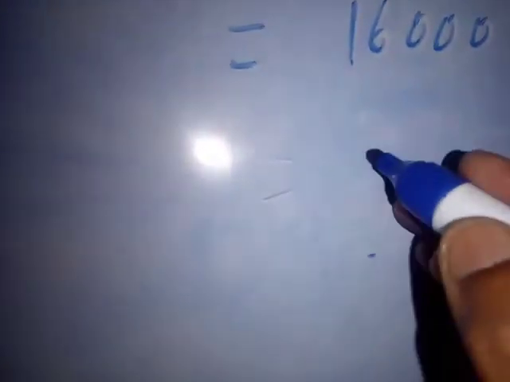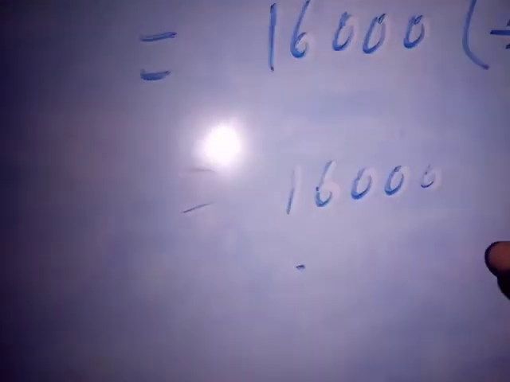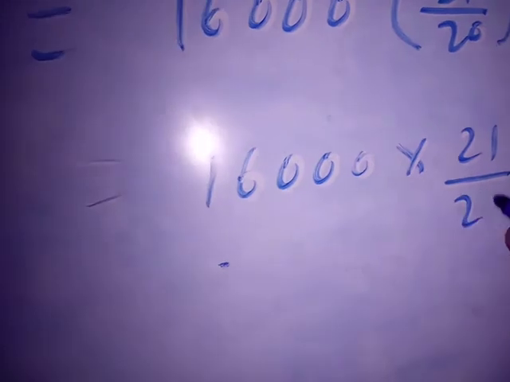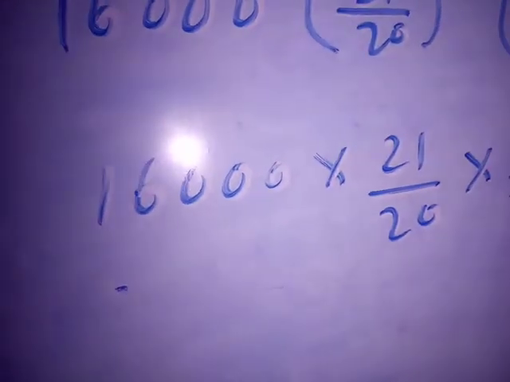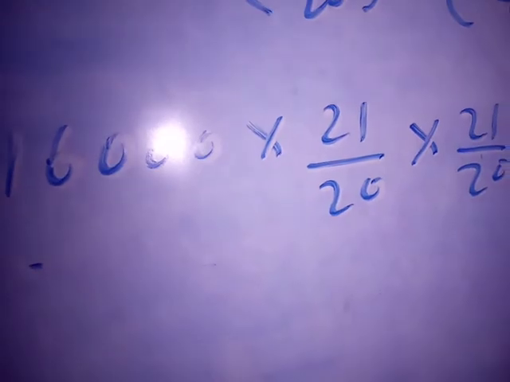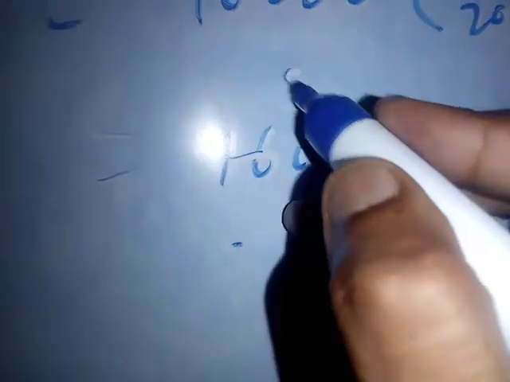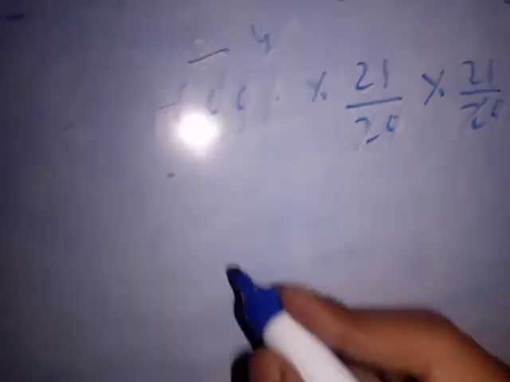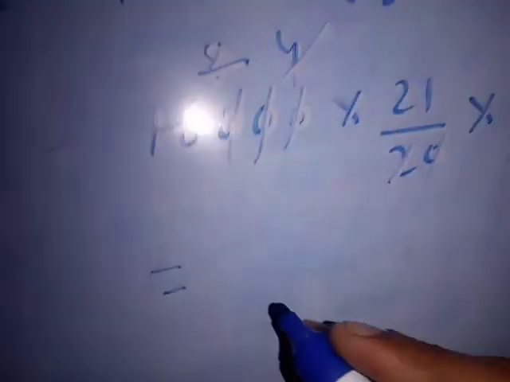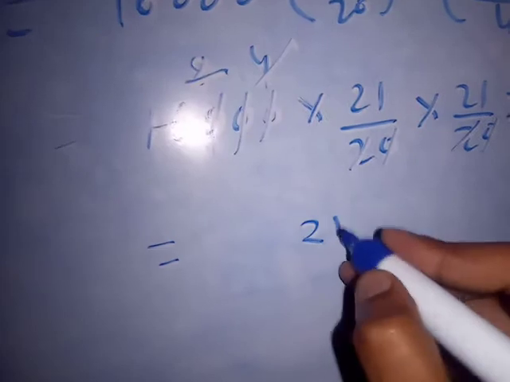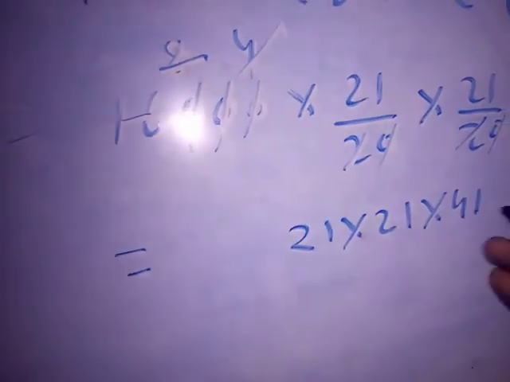That means 16,000 into 21 by 20 into 21 by 20 into 41 by 40. So these zeros cancel, and 2 8s, 2 4s are 8, and 4 4s cancel. Now it becomes 21 into 21 into 41.